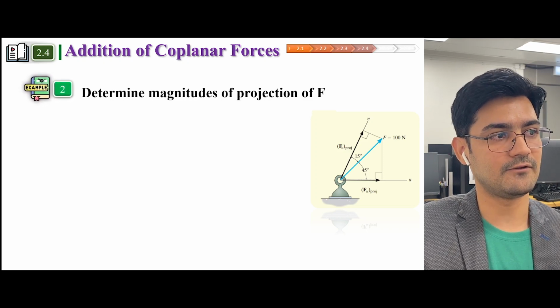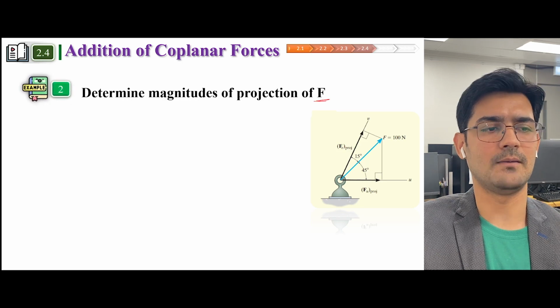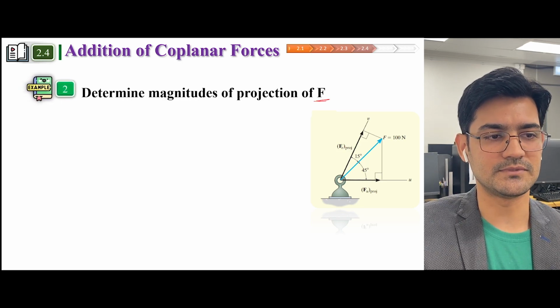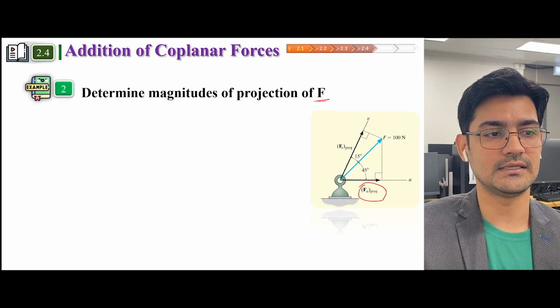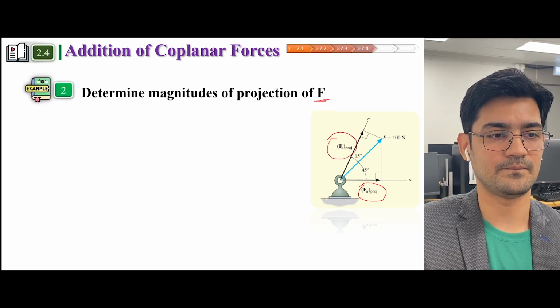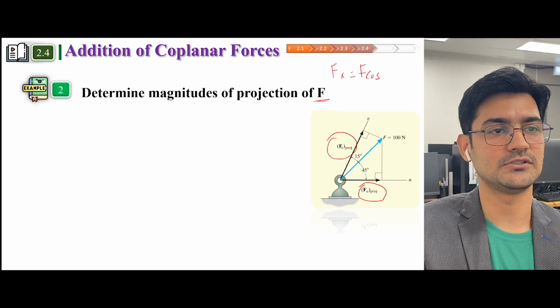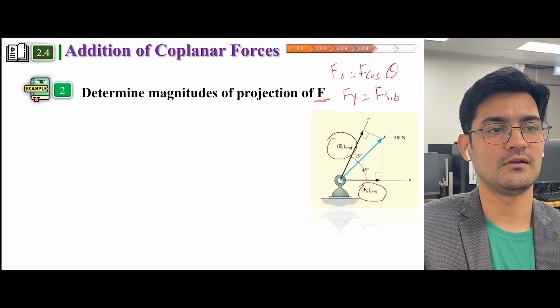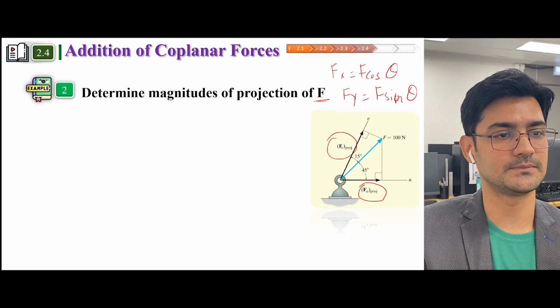Now in this example, we have to determine the magnitudes of the projection of F. Basically, it's represented here. This is the projection on this axis, and this is the projection on this axis. Now, in order to use this formula, F of x is equal to F cos theta, or F of y is equal to F sine theta, we need to have 90 degrees between these two components.